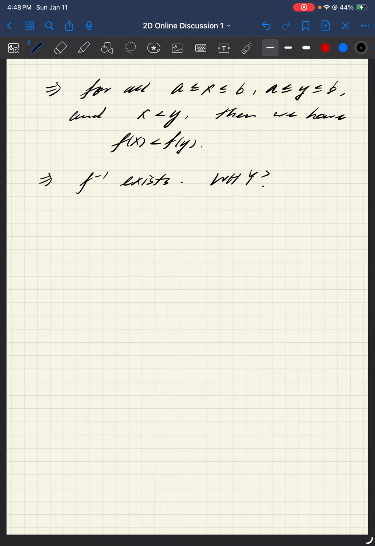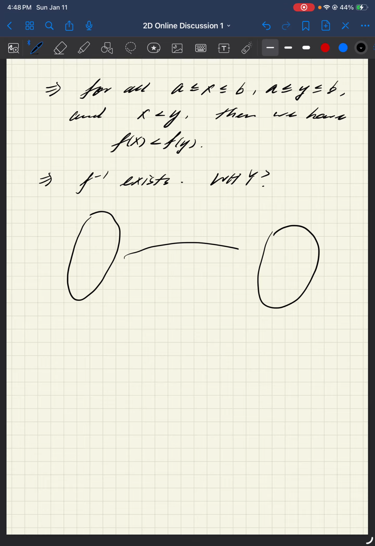Why? We can visualize a function by such a graph. So this is my f, and this is my domain of f, and this is my codomain. Suppose I have 3 points in this domain and 2 points in the codomain.